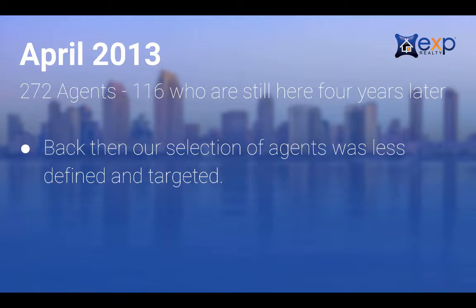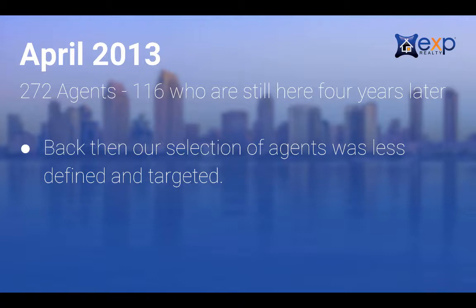Back then, I think our selection of agents was less defined and less targeted than it is today. I know there were people who answered Craigslist ads, and the vetting of them as an agent really wasn't very strong.